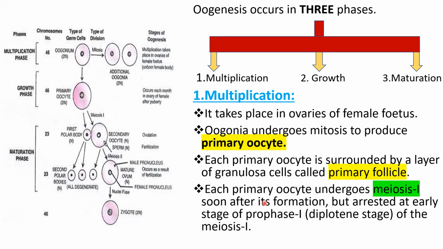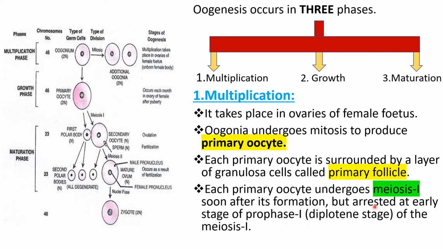Here, each primary oocyte is exposed to meiosis-I. Here, one important point we need to highlight and remember. In the multiplication phase itself, the primary oocyte doesn't complete meiosis-I. It means meiosis-I will be arrested at an early stage of prophase-I, particularly at the diplotene stage.